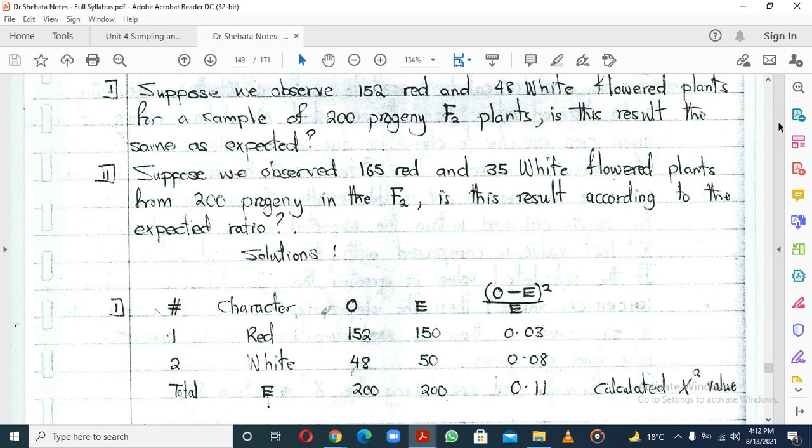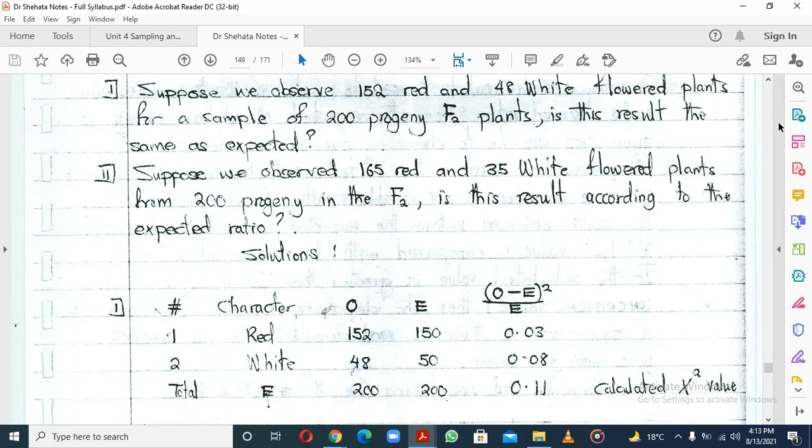So 150 red flowers are the expected number that we should get from Mendel's ratios, then 50 white flowers, and the total is 200 for both.